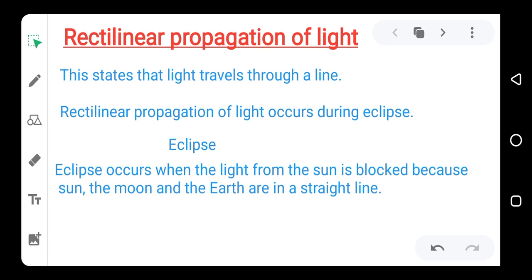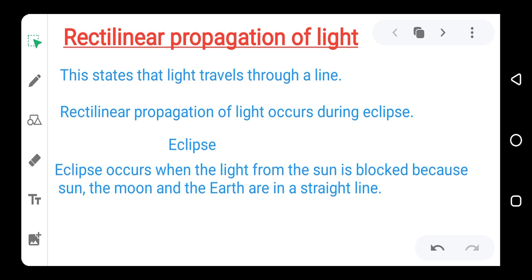In the solar system, it is the sun that supplies the light. Every other thing receives light from the sun. So when there is an alignment between the sun, the earth, and the moon, and either the earth or the moon prevents one of them from getting the light from the sun, we call it an eclipse.